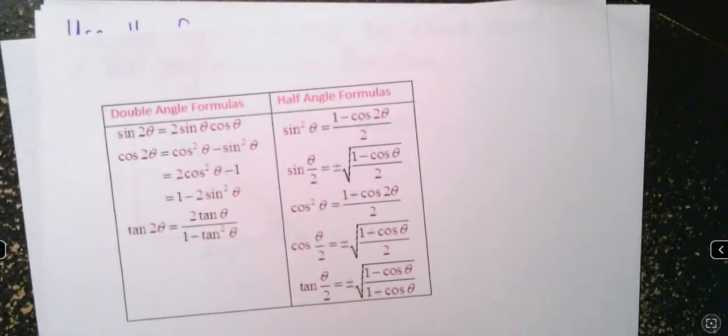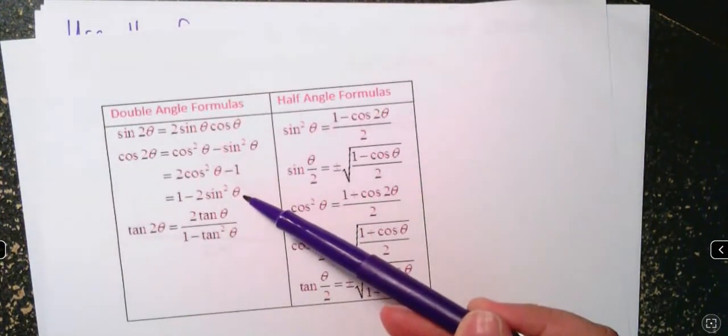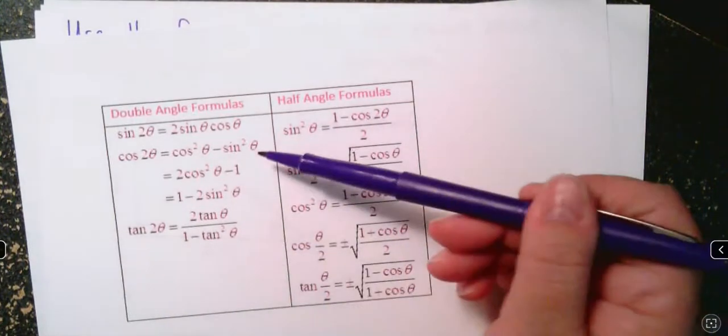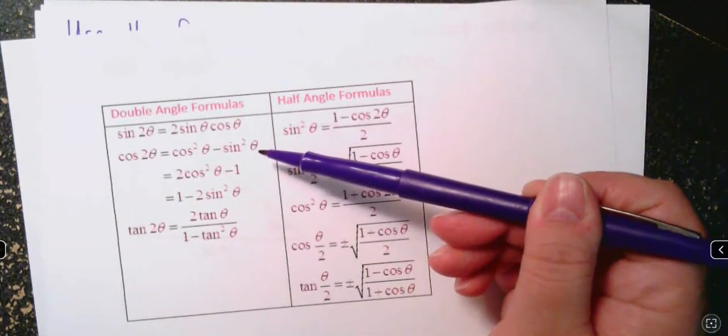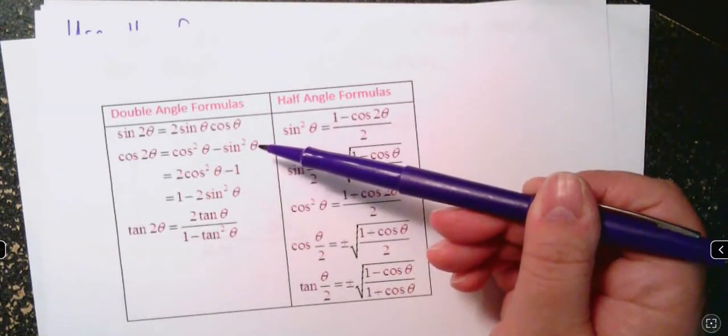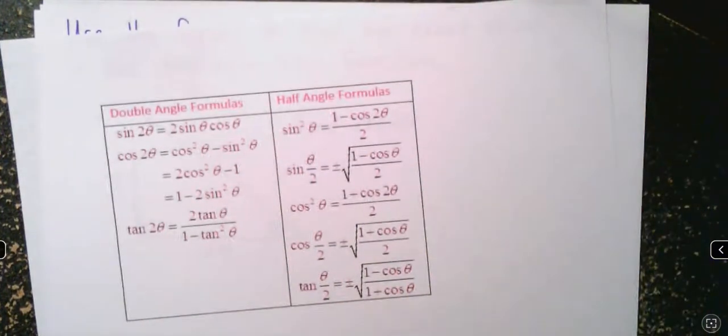I really don't particularly care. It might be easier to use this one or this one so that we only have to find the cosine or only have to find the sine, but it's not like it would be much harder, just fractionally harder at most to use this one. Let's go ahead and use the second one.